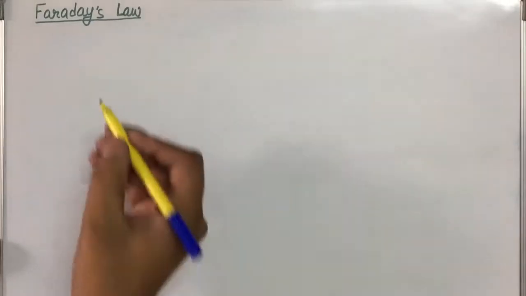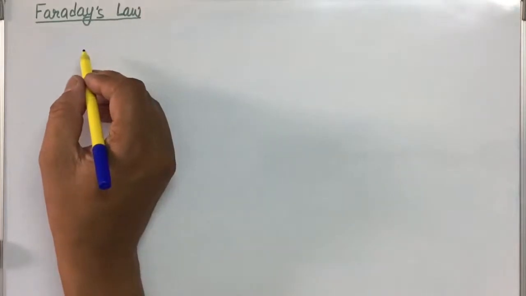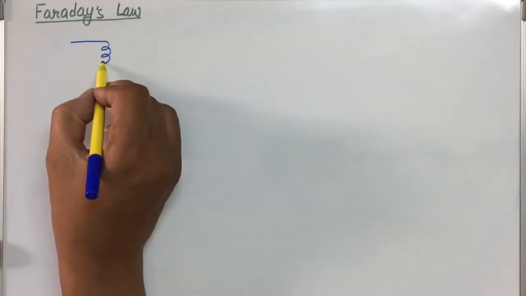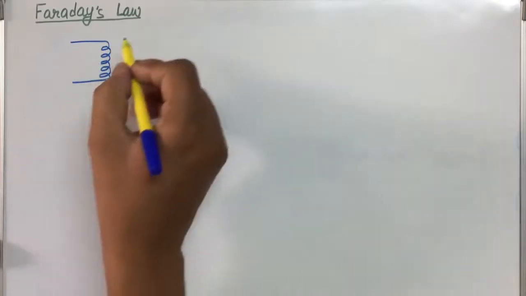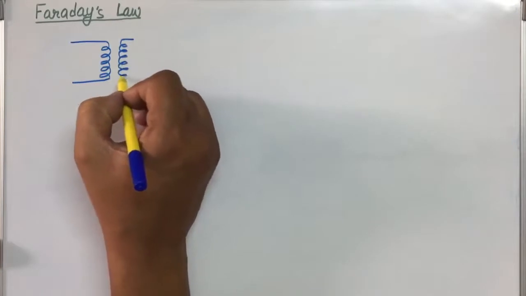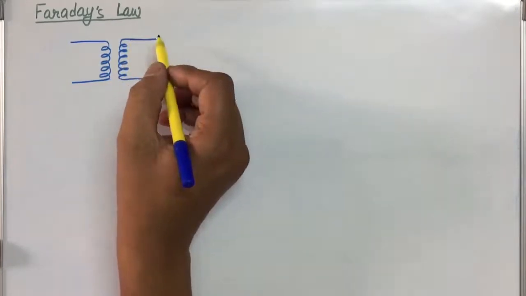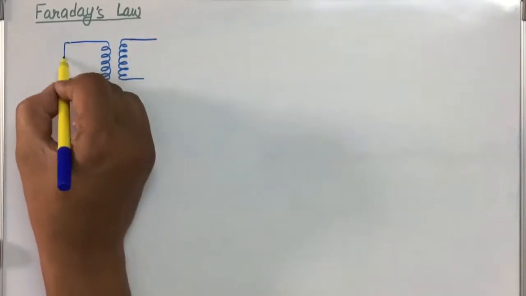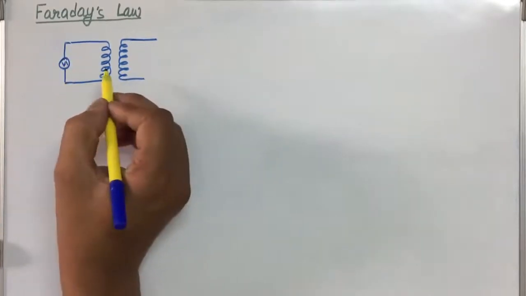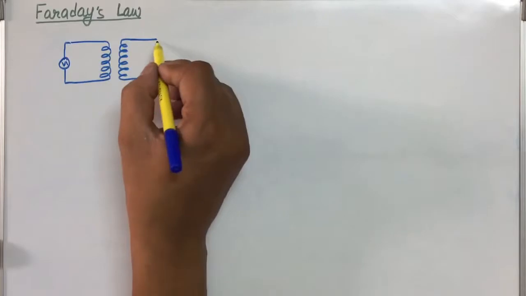Now let us see how Faraday's law is applied in the case of the transformer. These are two windings of the transformer. Here a varying source is given.